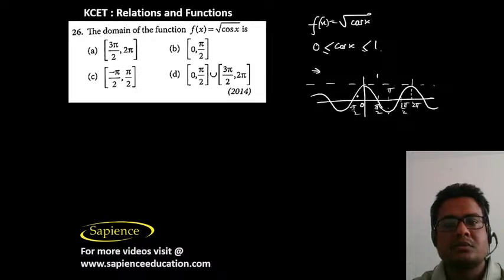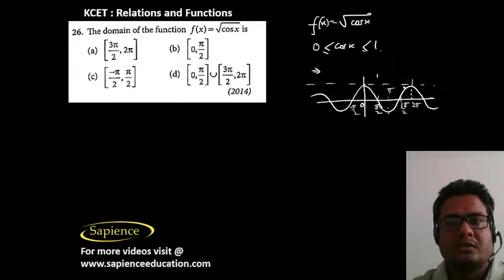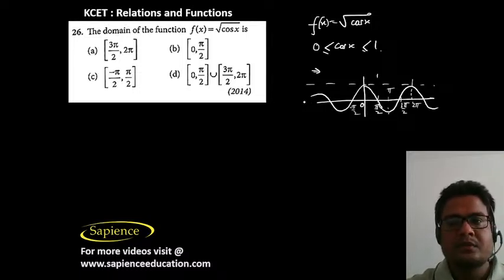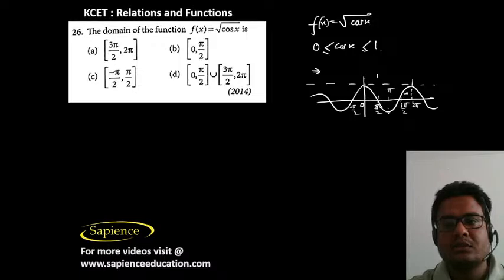In the range 3 pi by 2 to 2 pi, cos x is having positive value. 0 to pi by 2, here also it is having positive.